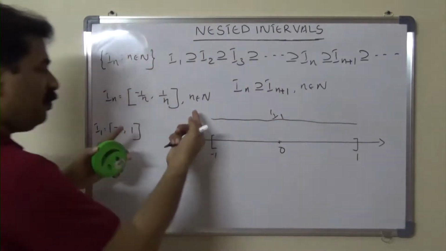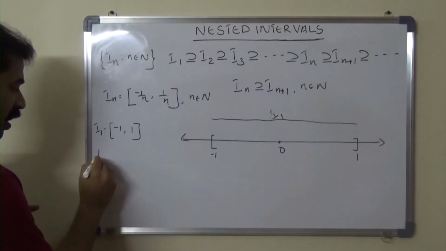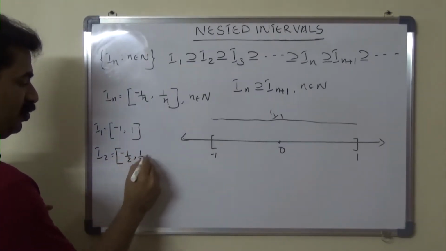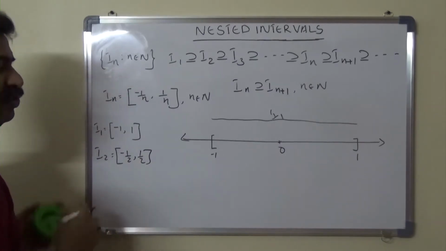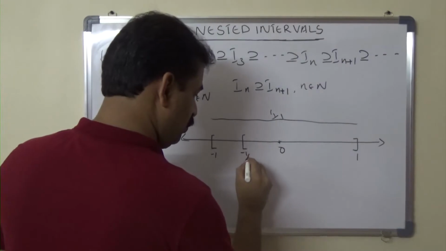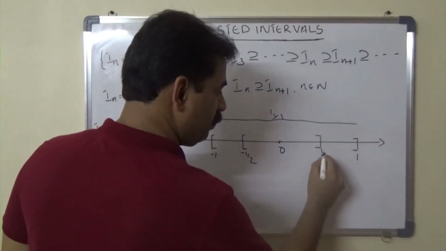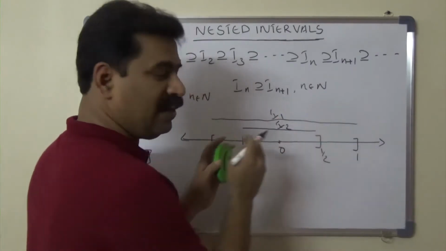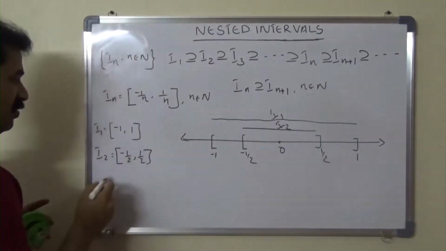Next put n equals 2. Then I2 equals closed interval minus 1 by 2 comma 1 by 2. Here I1 contains I2. Next put n equals 3.